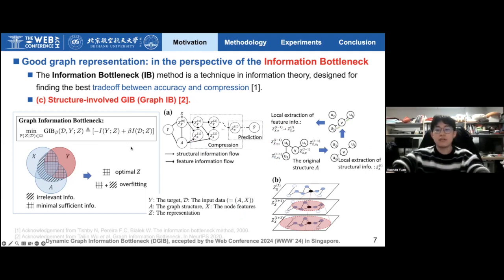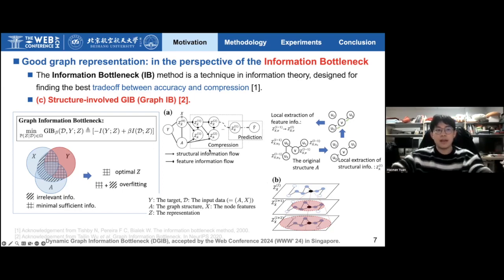And the most typical work is the GIB published in NeurIPS 2020 by Tailing Wu. And this GIB divides the graph data input into two parts, the feature part and the structure part, and lets the structure directly participate in the calculation and the optimization process of the IB theory, and adopts a series of approximate methods and makes it possible to calculate the mutual information and makes it feasible to train.